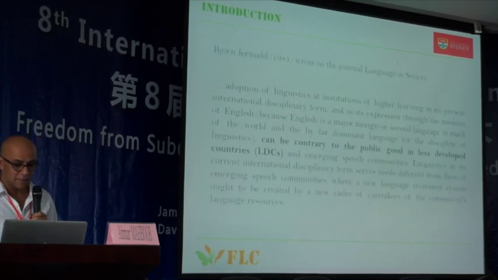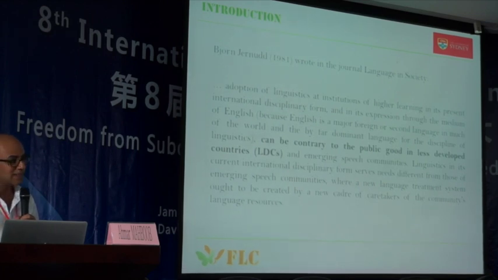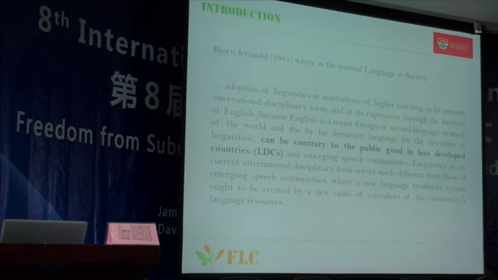In a similar vein, but much later, a writer in the journal Language and Society says that adoption of linguistics at institutions of higher learning in its present international disciplinary form and in its expression through the medium of English, because English is a major foreign or second language in much of the world and by far the dominant language for the discipline of linguistics, can be contrary to the public good in less developed countries.